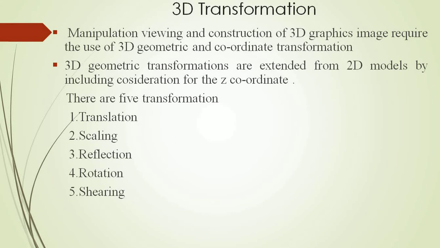In 2D we only discuss the x and y axes. In 3D we discuss the z coordinate also. In 2D and 3D there are 5 types of transformation. First is translation, second scaling, third reflection, fourth rotation, fifth shearing.